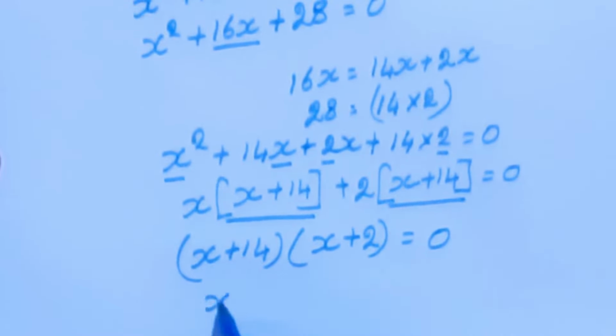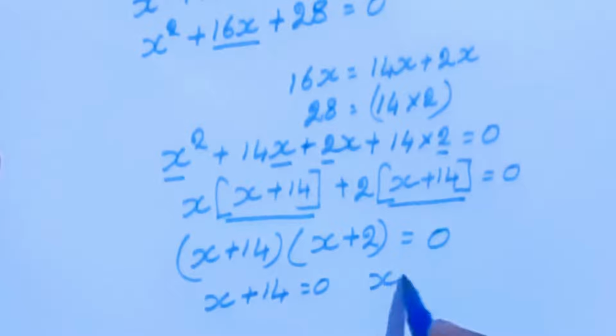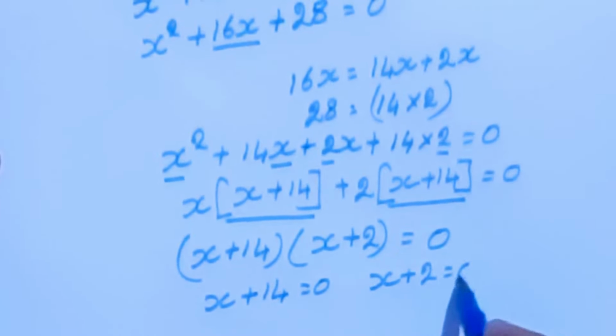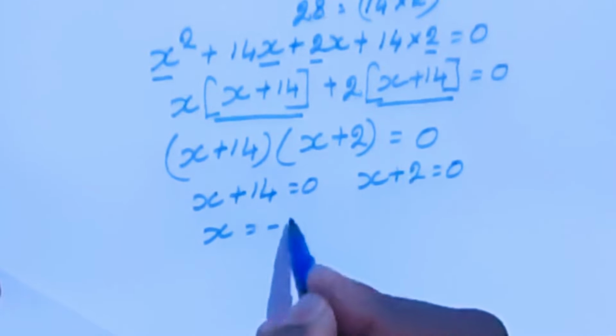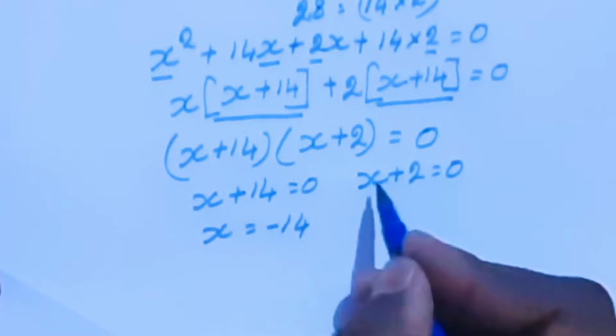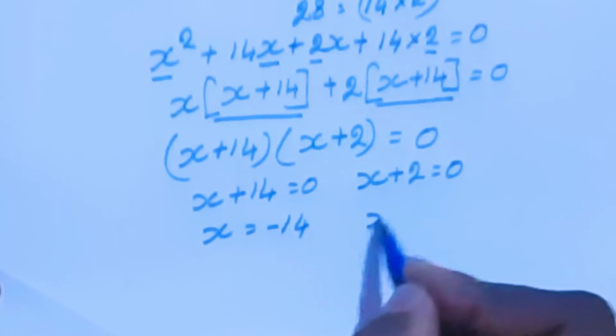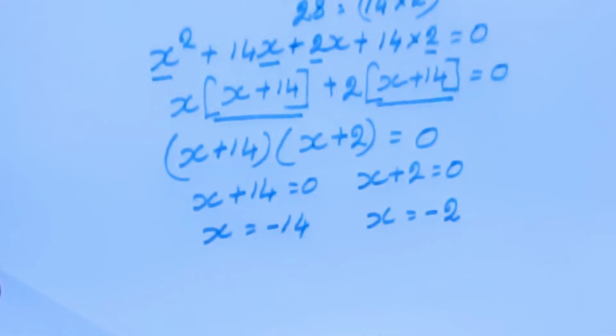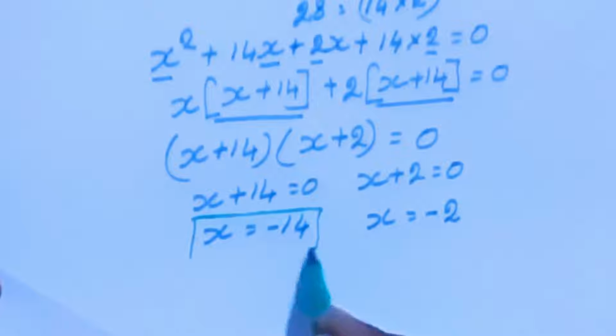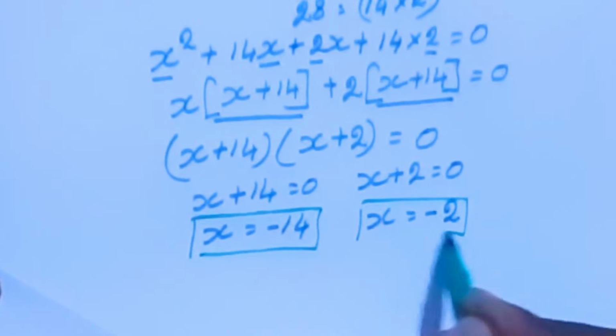One is x + 14 = 0, the other one is x + 2 = 0. Here x = -14, and here on the right-hand side x = -2. These are the possible answers in the first method.